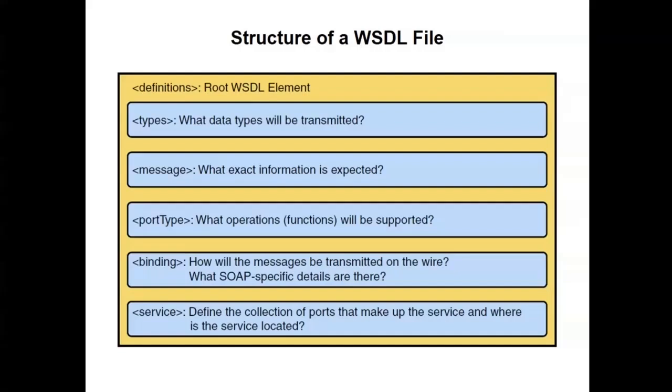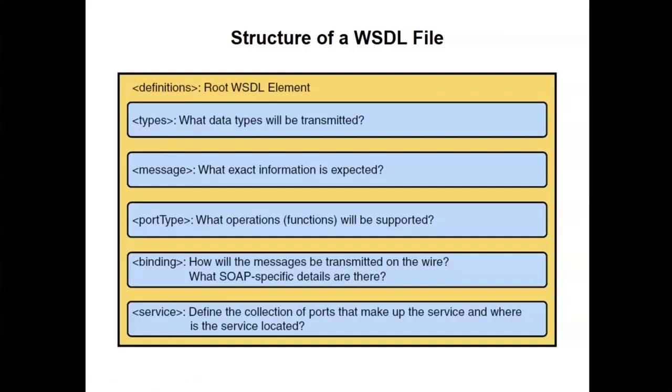Now this WSDL file contains multiple elements. We have to know those elements one by one. The definitions element is the root element, and the types element contains the schema. Schema means the web service is going to consume some XML data as a request and return some XML data as a response.